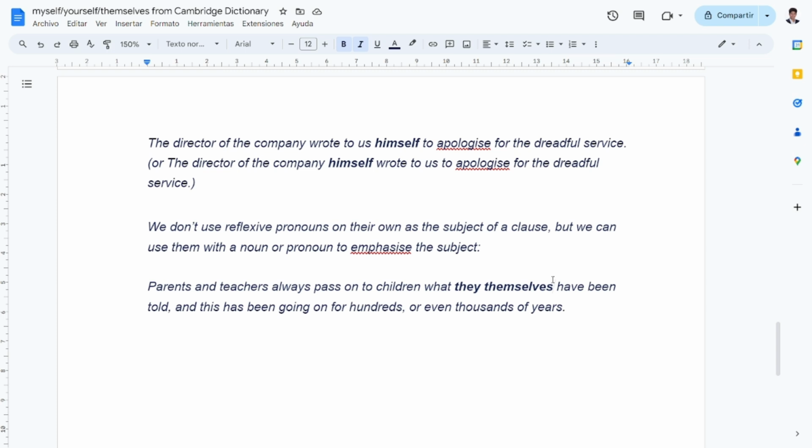So what does it mean? Basically, we can't use a reflexive pronoun alone as a subject, but we can use it with a noun or pronoun.